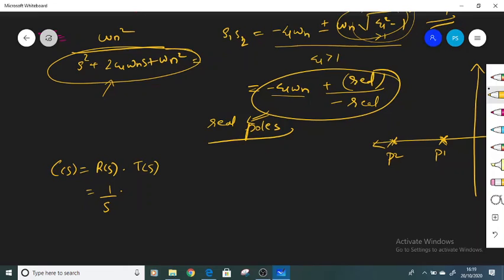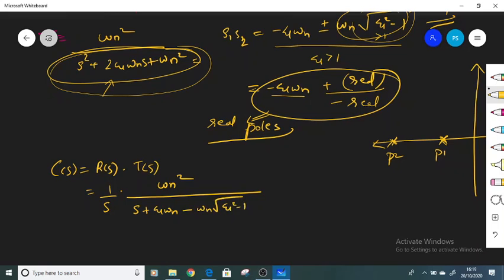Or if I want to write this denominator as representing the roots of the system, then I can also split it in such a way that it will be omega n square divided by, one pole lying at s plus zeta omega n minus omega n under root of zeta square minus 1, multiplied by the second root, lying at s plus zeta omega n plus omega n under root zeta square minus 1.